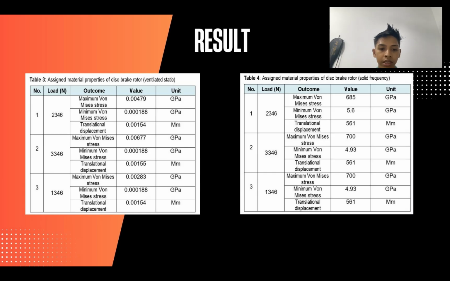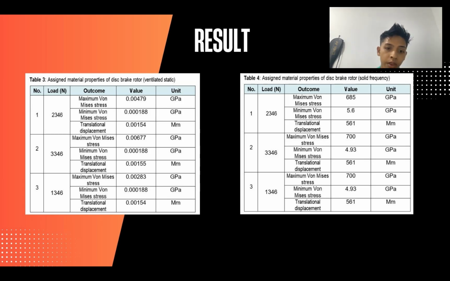Last load is 1346. For maximum von Mises stress, value is 0.00283 gigapascal. Minimum von Mises stress 0.000188 gigapascal, and last is translational displacement 0.00154 millimeter.